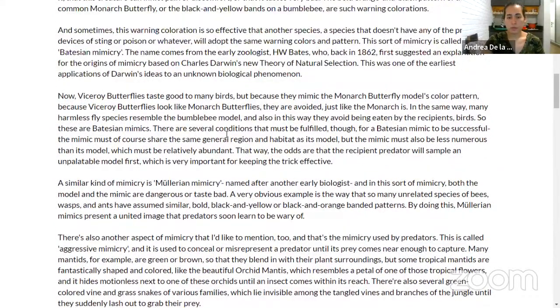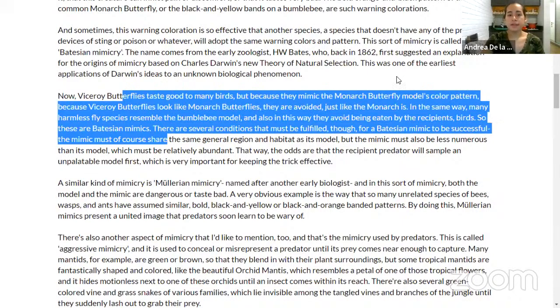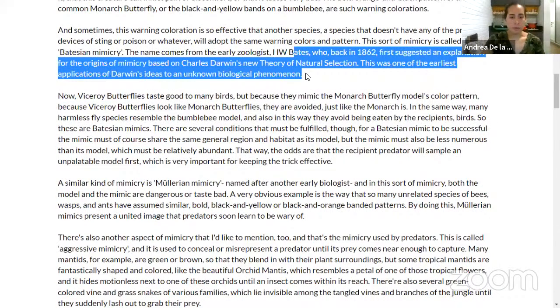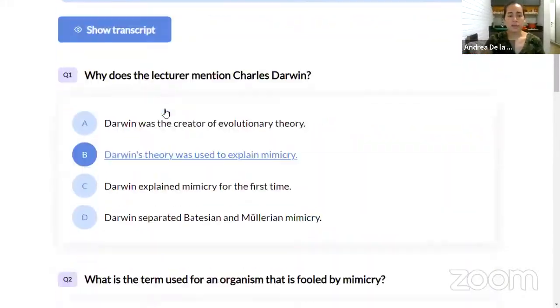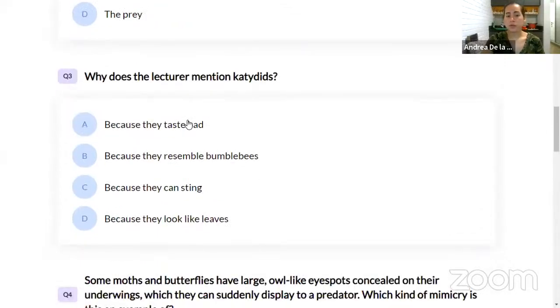Okay, I don't know. So hang on. So for example, here we have it, right? Batesian. So for example, these butterflies taste good to many birds, but they mimic another butterfly that doesn't taste good, right? That is an example of Batesian mimicry. So animals that resemble other animals that taste bad.